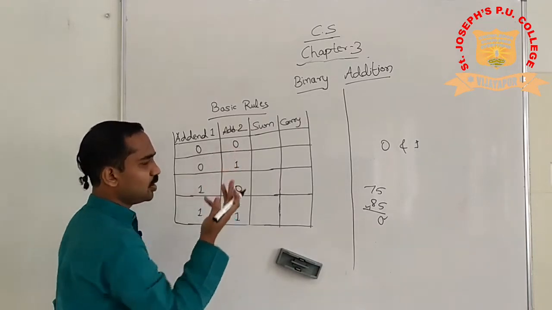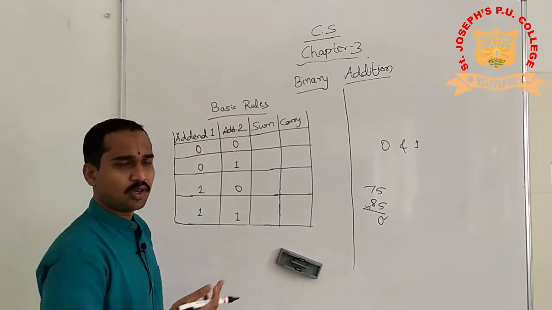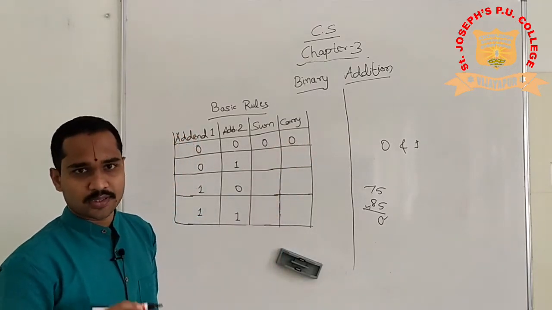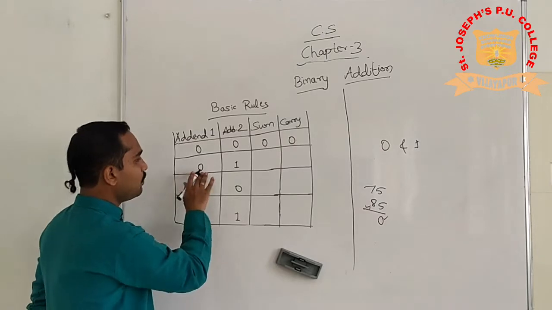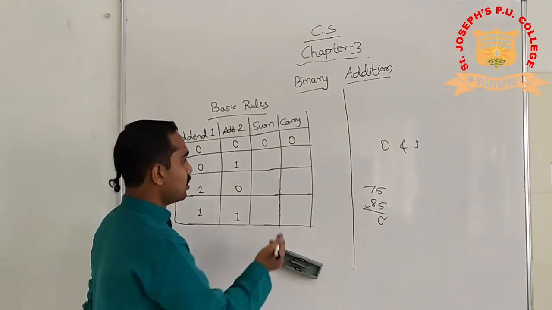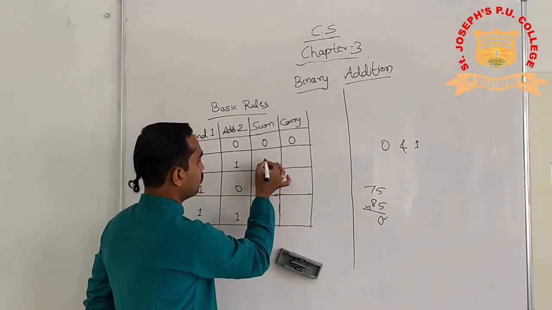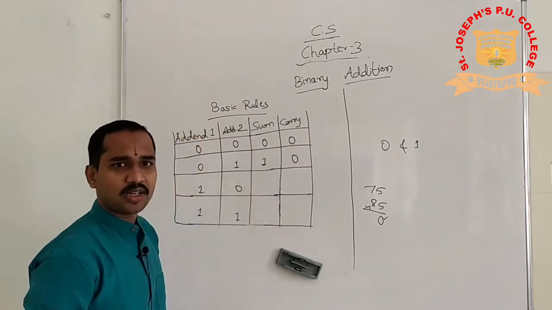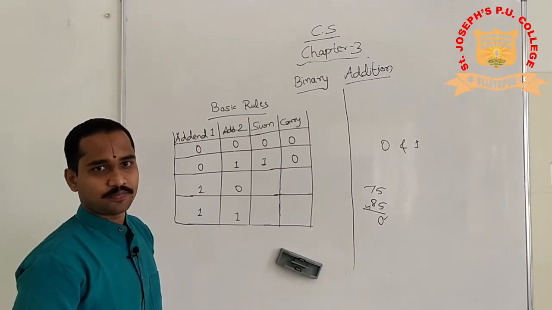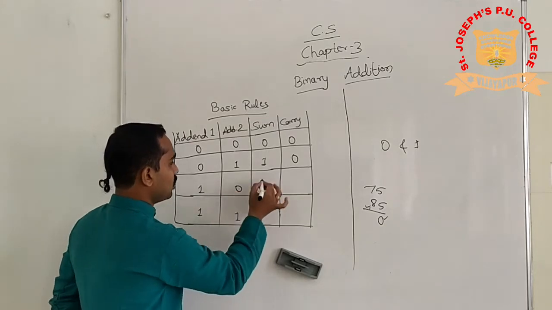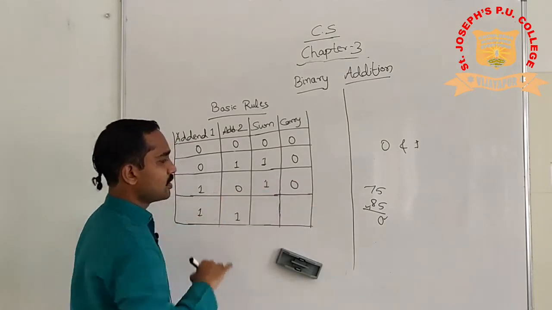So 0 plus 0, what is the answer? 0 itself. There will be neither sum nor carry. This is the first rule. Second rule, 0 plus 1. Sum is 1. Is there any carry generated? No carry is generated, so it is 0. Same for 1 plus 0: sum is 1, carry is 0.